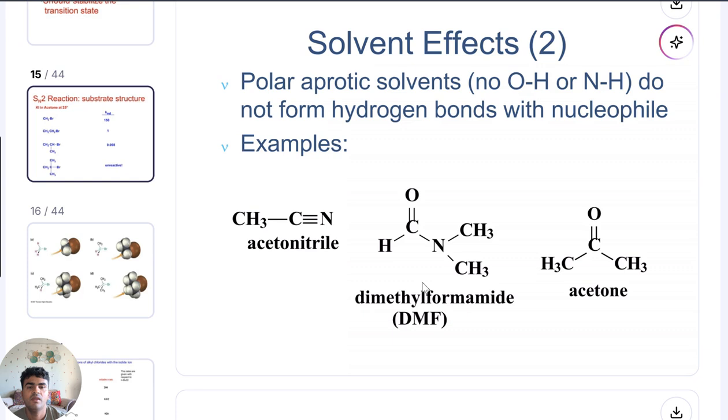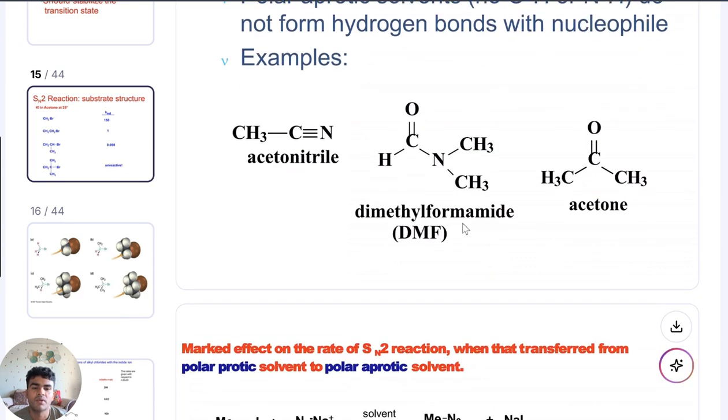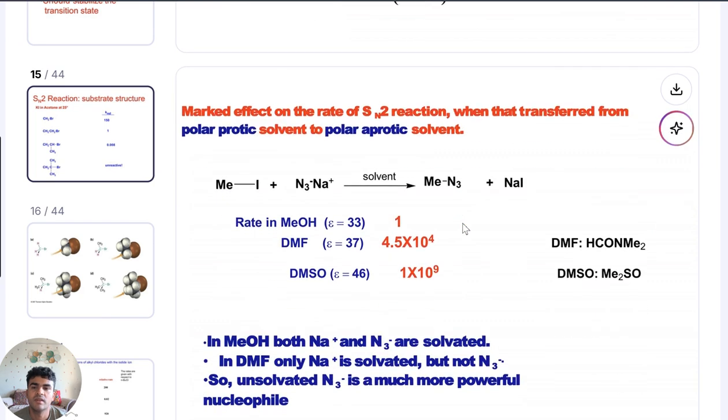These are good solvents for nucleophile, because here hydrogen bonding cannot take place, but the reaction medium will be polar, because the polarity will stabilize the transition state and it will reduce the activation energy, and that's why the polar aprotic solvent will be the favorable condition of SN2 reaction.